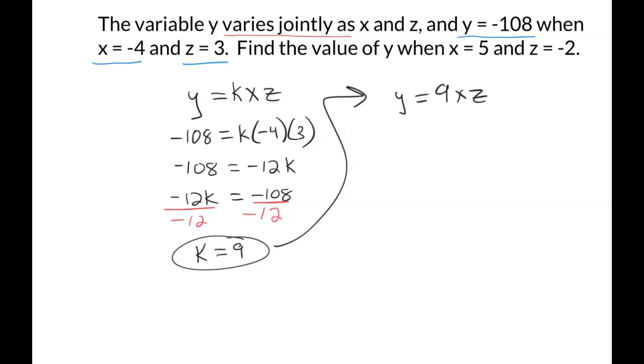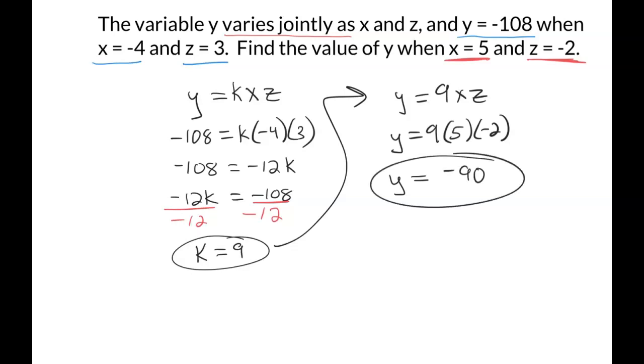Okay, so now I'm told to find y when x is 5 and z is negative 2. So I'm going to put those in, and I've got 9 times x, which is 5, times z, which is negative 2. And if I multiply those numbers together, I get negative 10 here times 9, which gives me negative 90 as my answer.